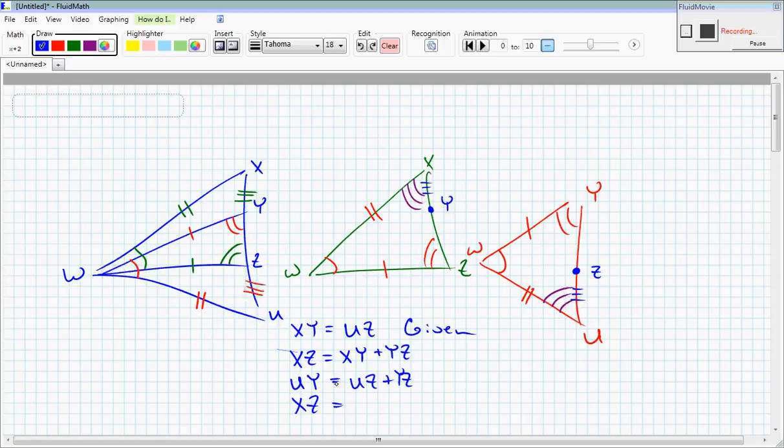And then by substitution, we can say that XZ is equal to UZ plus YZ, proving that these two are equal to the same sum of segments, which by substitution or the transitive property, we could then say that UY is congruent to XZ, and that's what we're looking for. So again, this critical part allows us to make that sixth and final congruent statement.